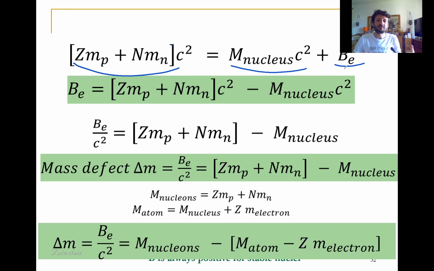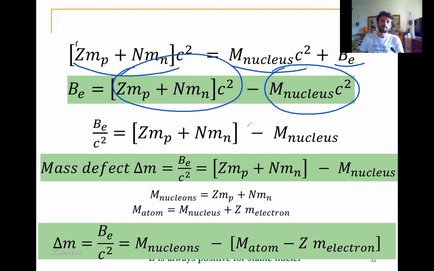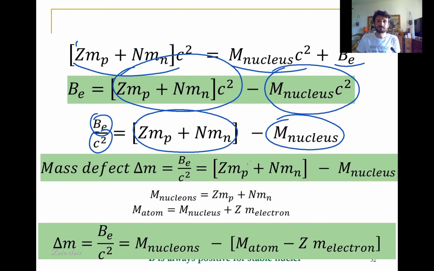We can calculate the value of the binding energy BE, which equals the energy of the nucleons minus the energy of the nucleus. We divide by c square, and we get BE divided by c square equals the mass of the nucleons minus the mass of the nucleus. Okay? This quantity, the difference of masses between the nucleons and the nucleus, is the mass defect.